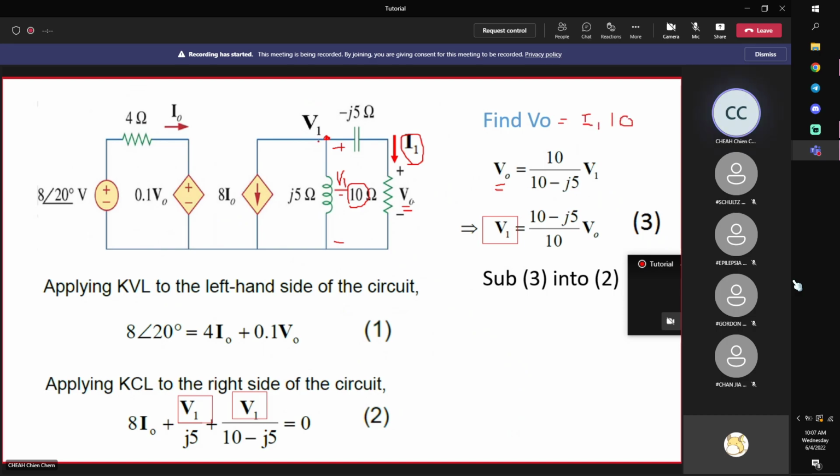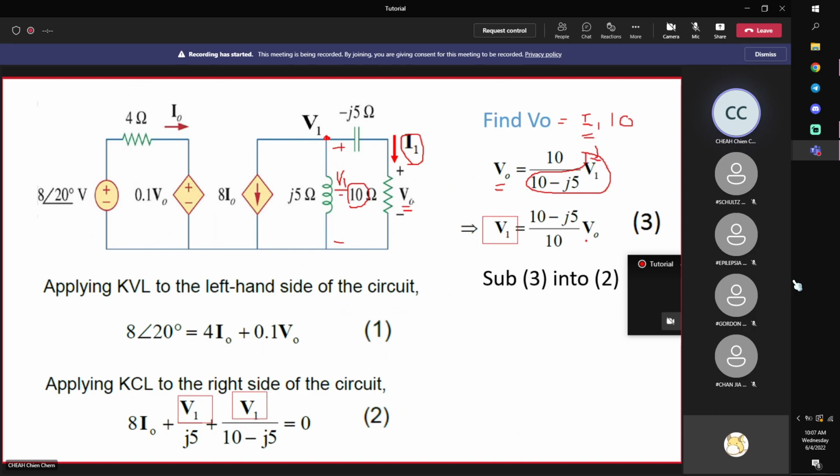What is I1? I1 is V1 divided by the total impedance. So I1 times 10 gives you V0, which means I get the relationship between V0 and V1.